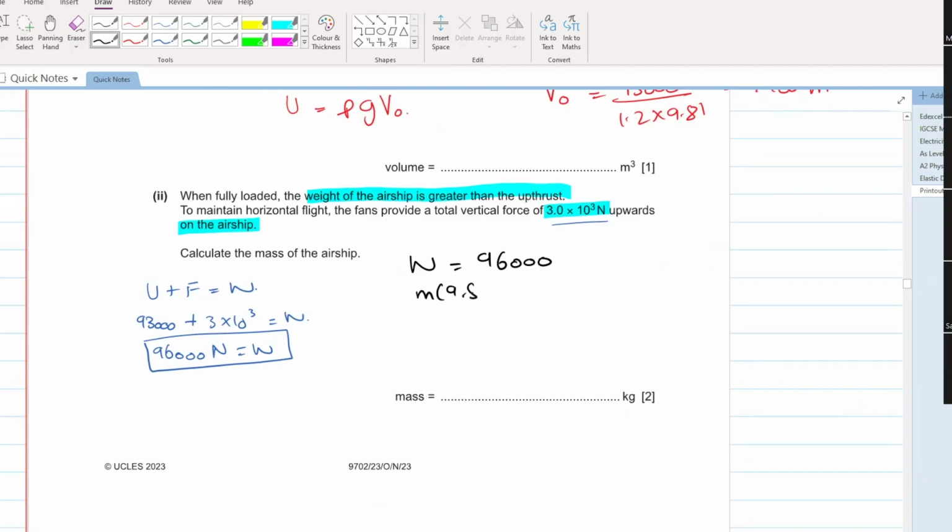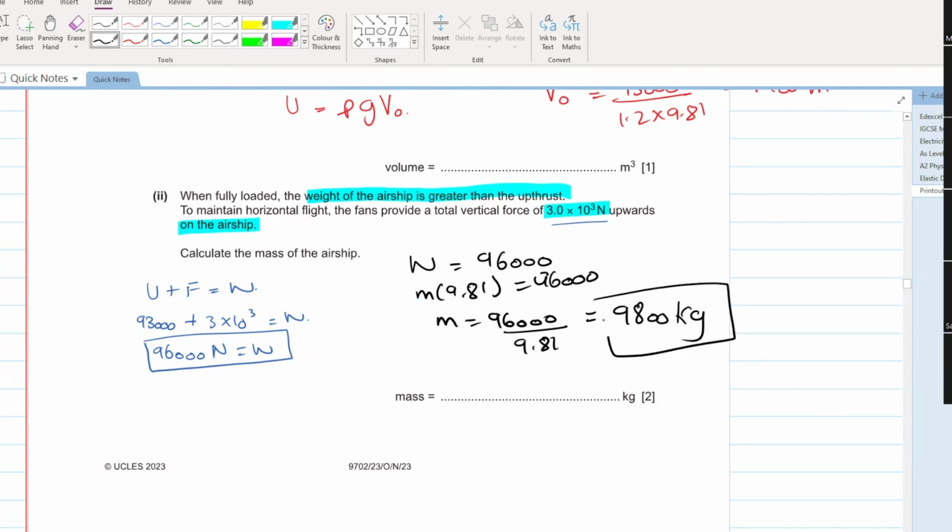Mass into 9.81 is equal to 96,000. जी बिल्कुल, 96,000 divided by 9.81. Beta, what is the mass? 9,800 kg is your mass. Simple as that, nothing complicated.